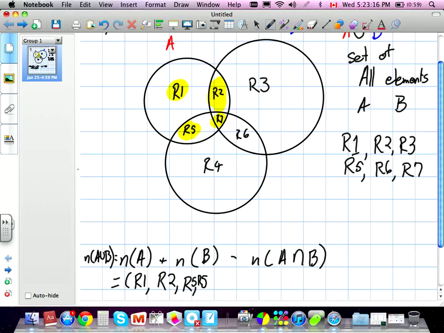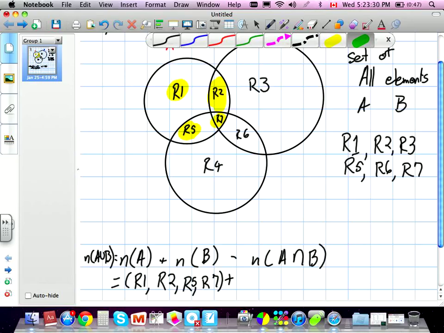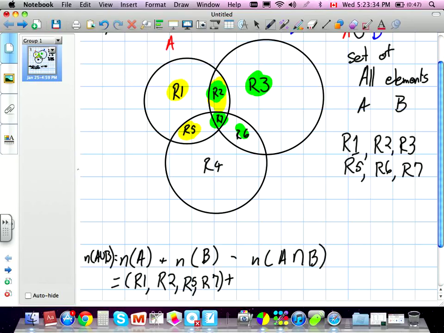With that same idea, if we were to add all of those to all the occurrences of B, so all of the occurrences of B are actually R3, R6, R2, and R7. So again, you get R2, R3, R6, and R7.